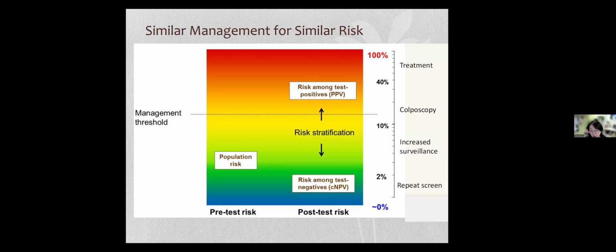If it's really low risk, lower than 2%, then you repeat the screening. The cutoff line to go to colposcopy has to be above 10% risk for CIN3. And if the risk is really high, above 40%, then immediate treatment will be implemented.